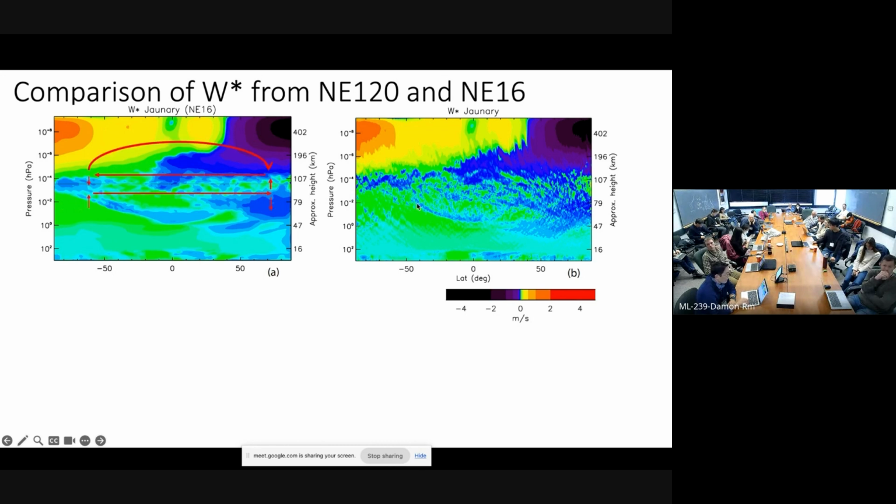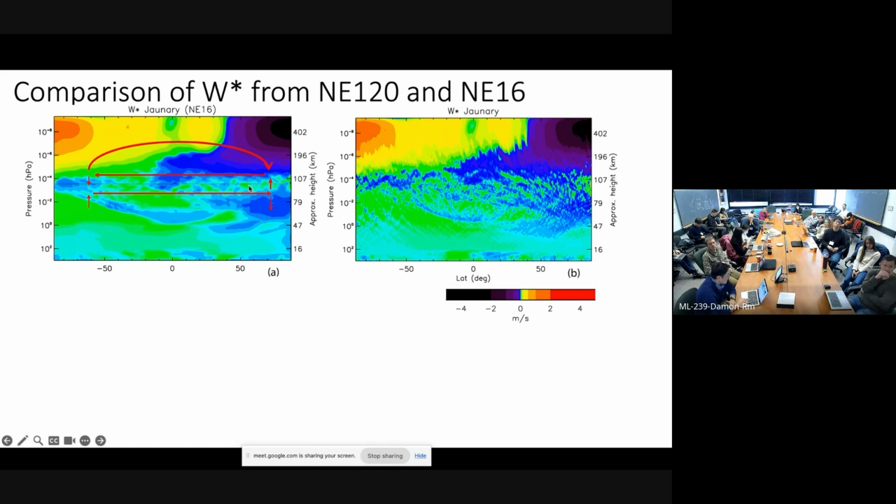In the MLT region, this is pretty much what we understand so far from the general circulation pattern in the mesosphere and lower thermosphere. Your parameterized gravity wave is driving this summer to winter circulation, and then at the winter pole there will be two branches. There's an upward branch, which you can see.